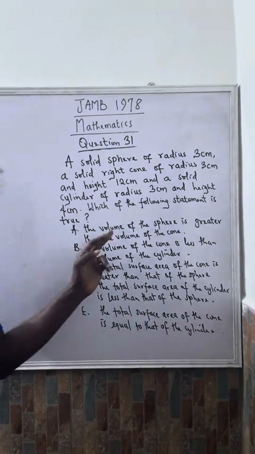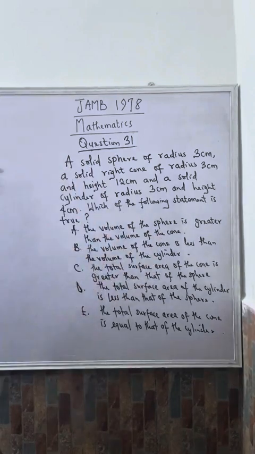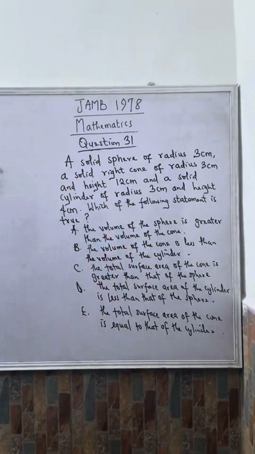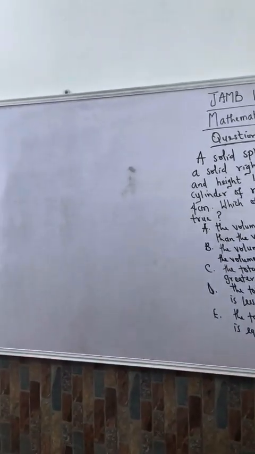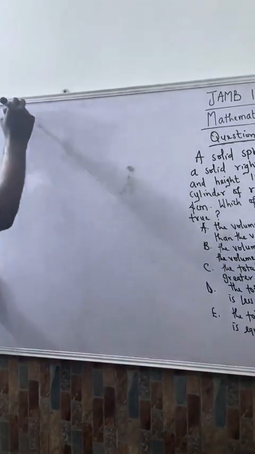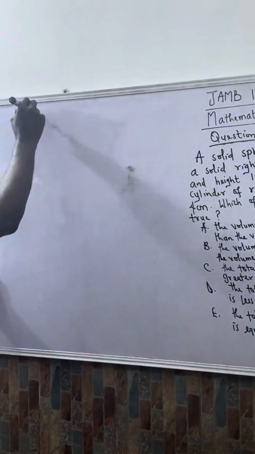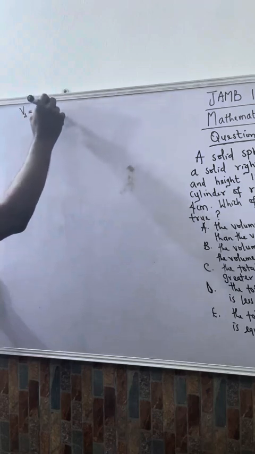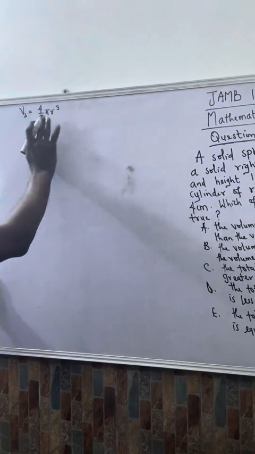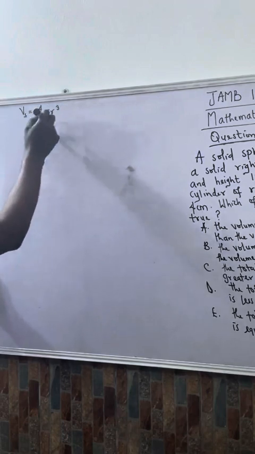First of all, I would like to calculate the volume of the three of them. Let's start with the volume of the sphere. The formula for the volume of a sphere is 4/3 pi r cubed.